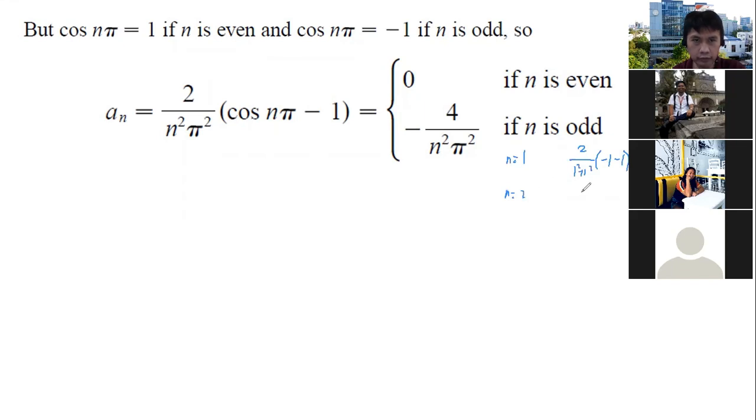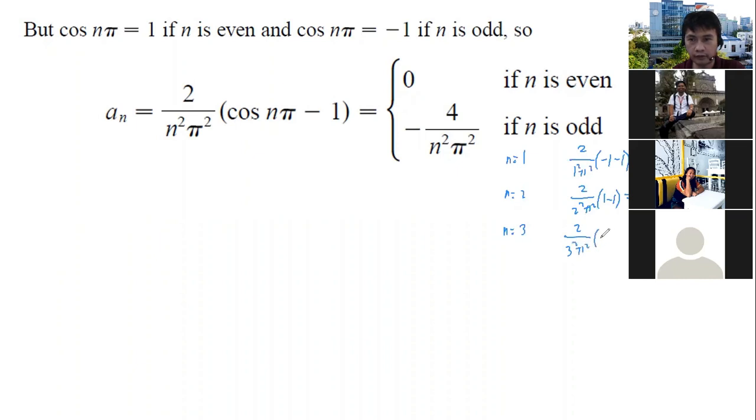Now if n is equal to 2, this will give us 2 over 2 squared pi squared. Cosine ng 2 pi is what? 1. Tama ba? So 1 minus 1 turns out to be 0. 0 times 2 over 2 squared pi squared is, of course, 0. If n is equal to 3, this will give us 3 squared pi squared.